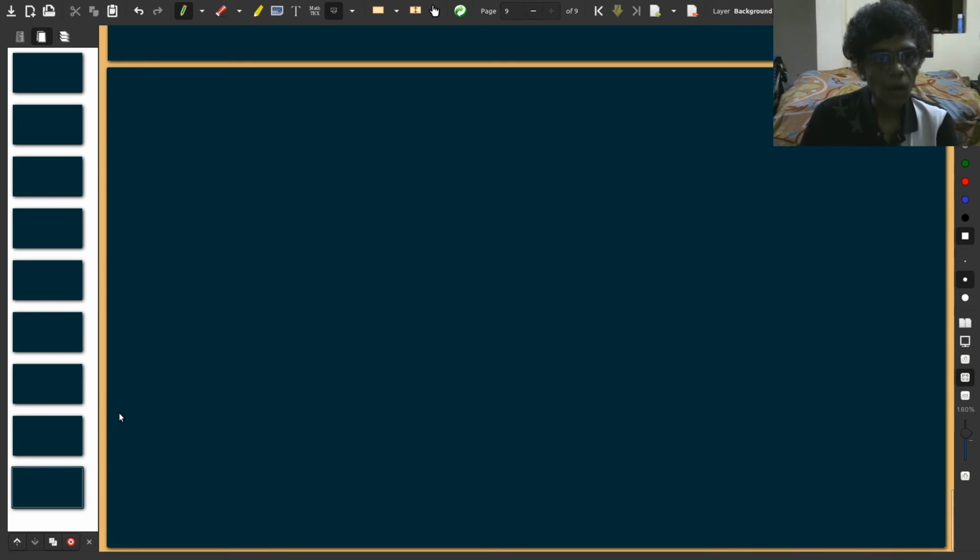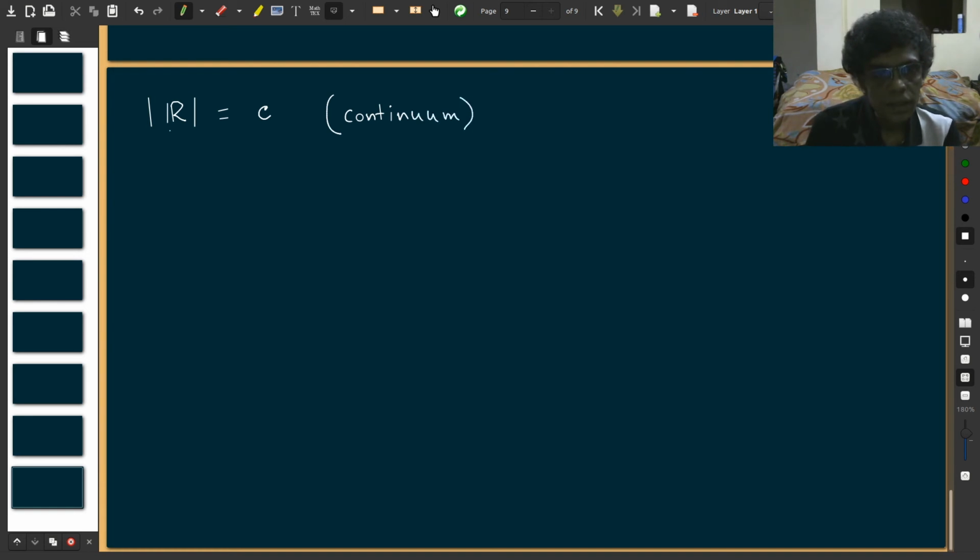So, now, what is the size of R? This is denoted typically as C because it's derived from the word continuum. Continuum. Okay.